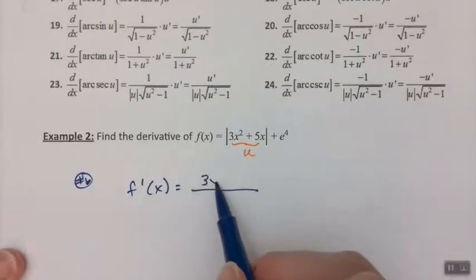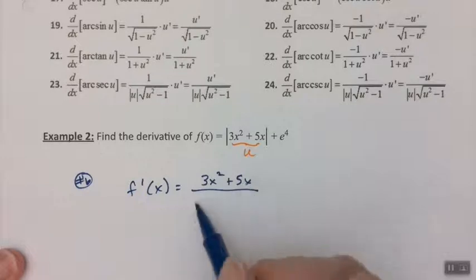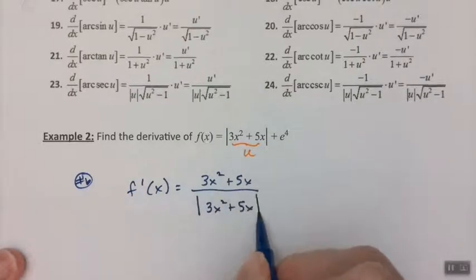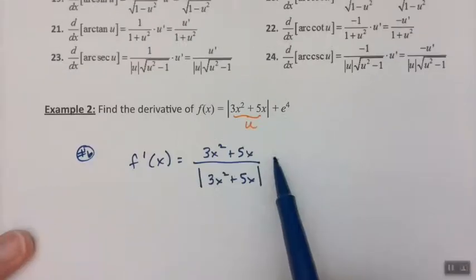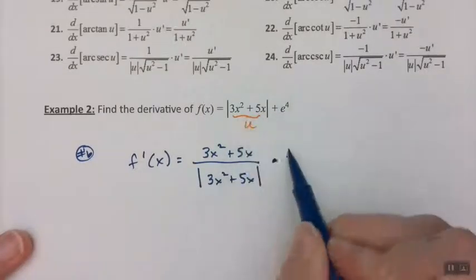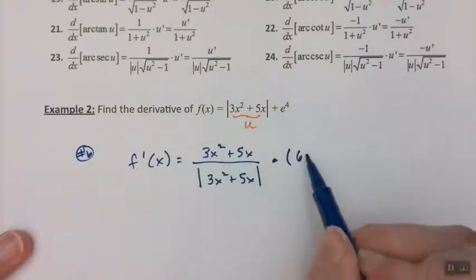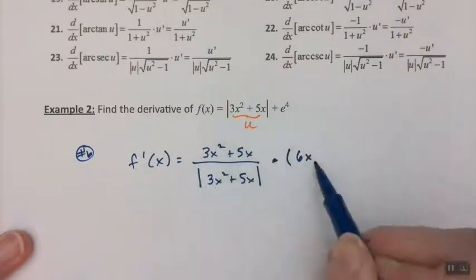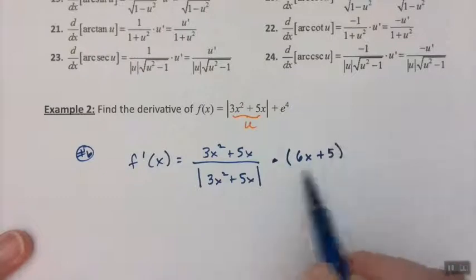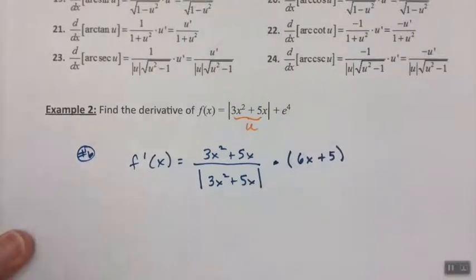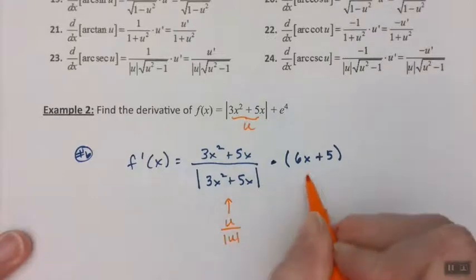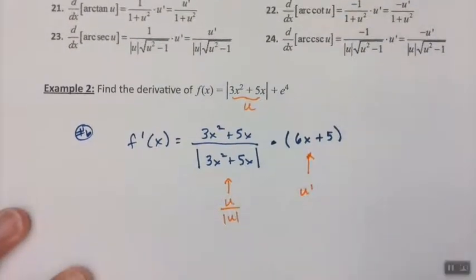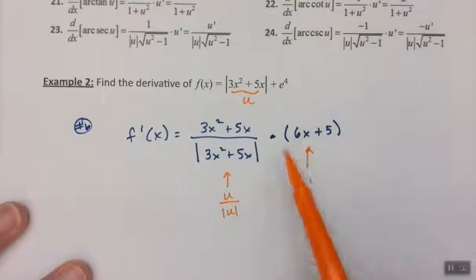So it'll be 3x squared plus 5x over the absolute value of 3x squared plus 5x times u prime, which is the derivative of that inner portion, which would be 6x, because you bring the power down, 6x plus 5. And I'm putting that in parentheses because this is u over the absolute value of u, this right here is u prime, and you have to multiply all of it by u prime, not just the part that makes you happy.